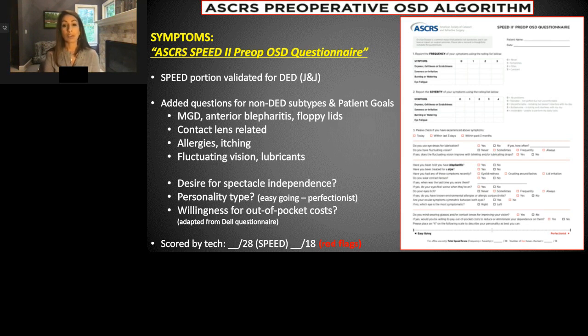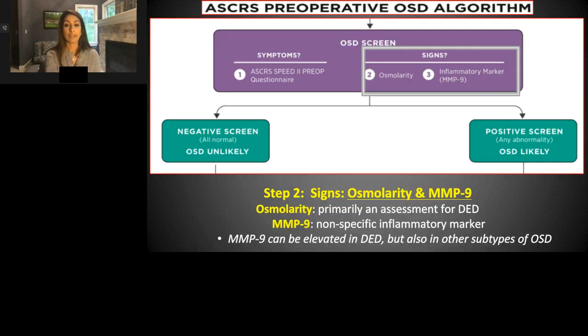We also added, adapted from the Dell questionnaire, questions that help the surgeon identify patient goals and expectations, so their desire for spectacle independence, and personality questions that help you decide if they're a good candidate for a multifocal lens or trifocal lens, for example. And then the signs and symptoms.